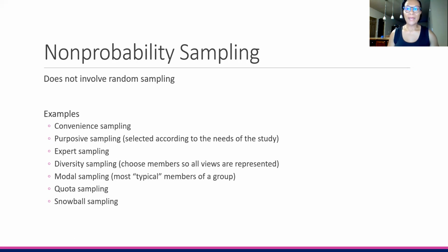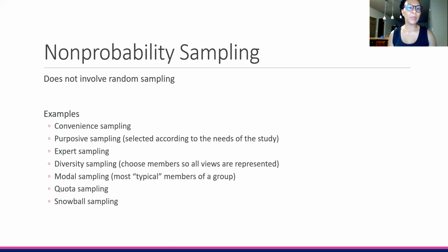There's modal sampling, and if you remember from basic stats, which you are in right now, the mode is one of the middle points that we use in statistics. So this is considered to be the most typical group of individuals, or most typical members of a particular group. There's quota sampling, and then there's also snowball sampling.